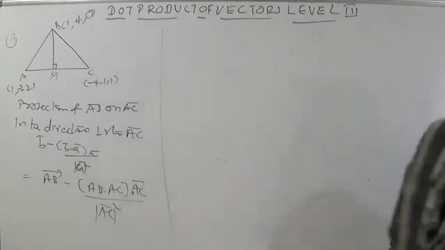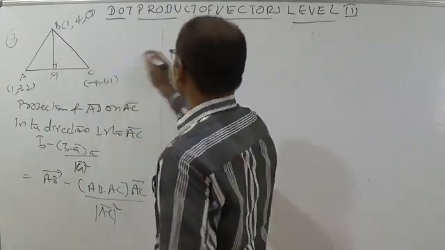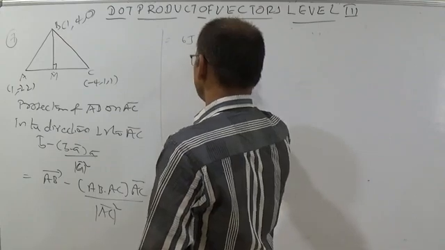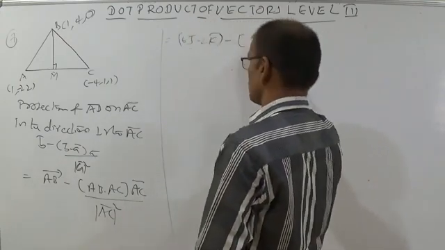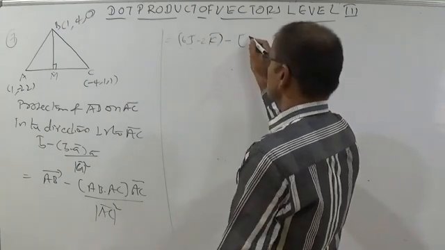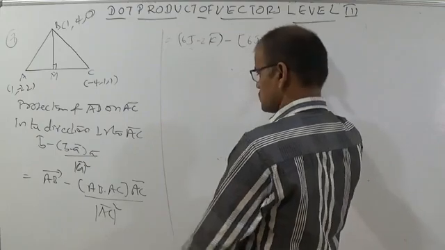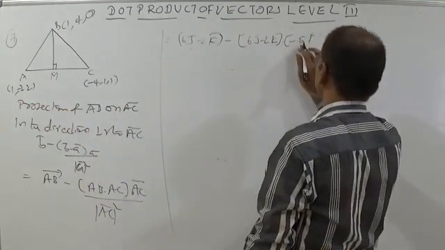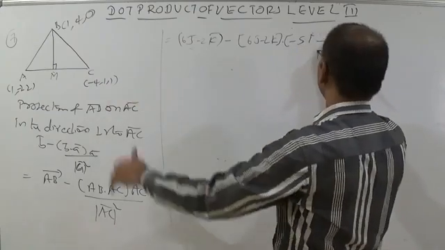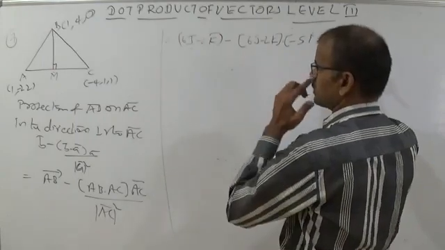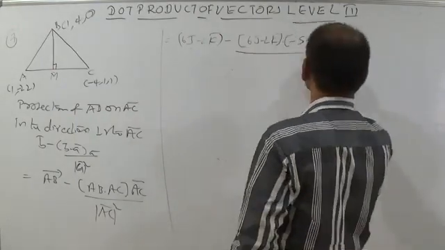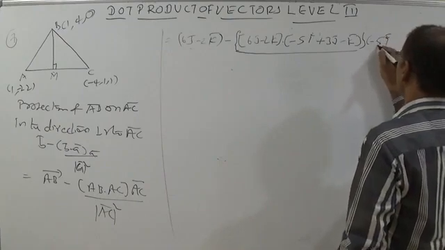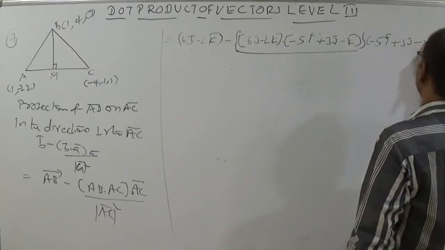Now let us discuss AB. AB means OB minus OA: 1 minus 1 is 0, 4 minus (-2) is 6, so 6j, and 0 minus 2 is -2k. AB is 6j minus 2k, which we just calculated. AC is OC minus OA: -4 minus 1 is -5i, 1 plus 2 is 3j, 1 minus 2 is -k.